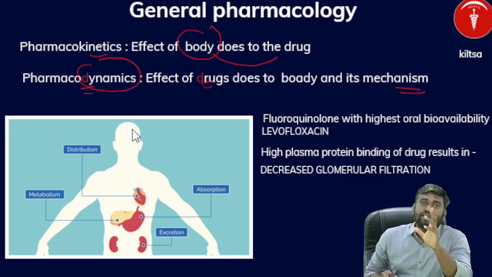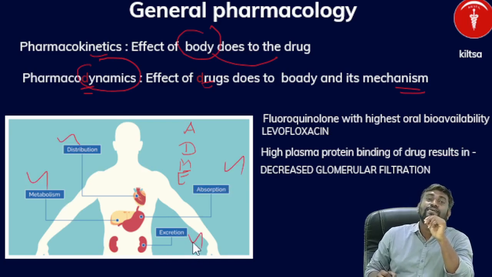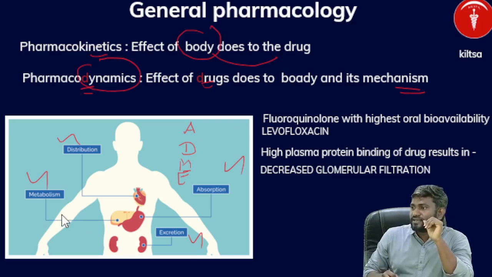Next, during the lecture, you might have studied a mnemonic for pharmacokinetics, which is ADME. What is A for? A is for absorption, D is for distribution, M is for metabolization, and E is for excretion. Maximum metabolization happens in the liver and excretion mostly happens in the kidney.